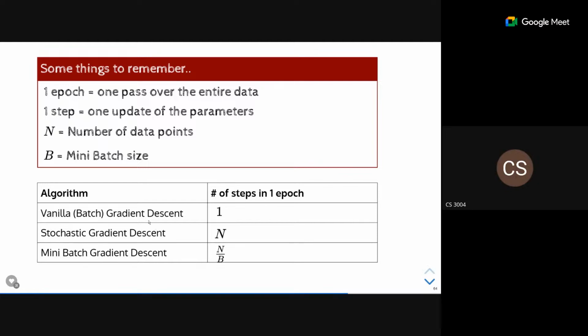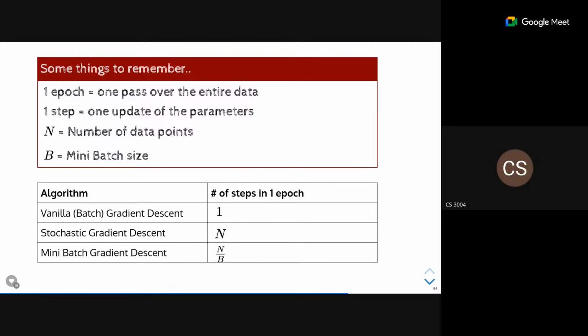Vanilla or batch gradient descent means one data point goes in the forward pass, then the second does a forward pass, the third, fourth, fifth, till whatever data points you have, let's say 100 forward passes. Then you accumulate all the losses, you sum the individual losses, then you take the gradient of it and do back propagation.